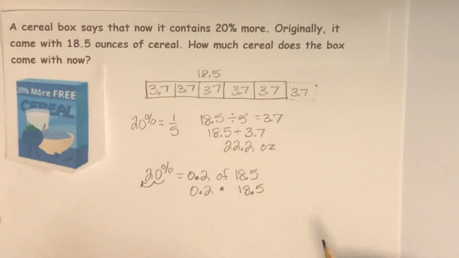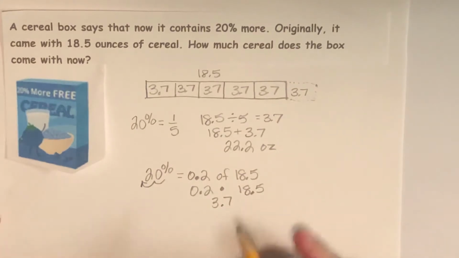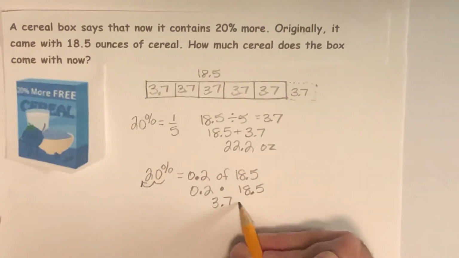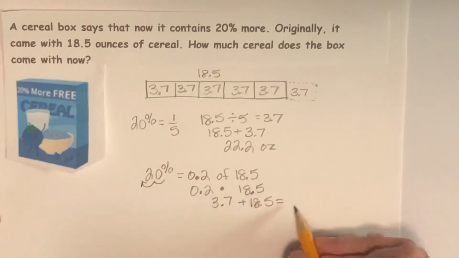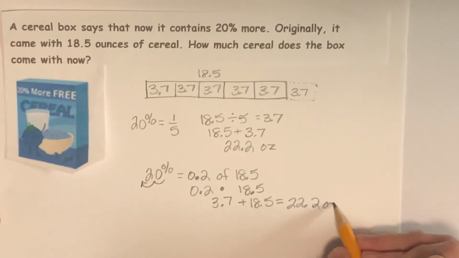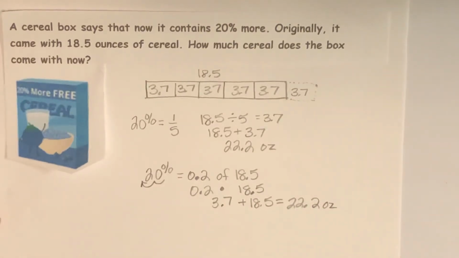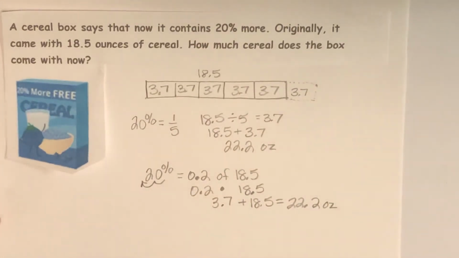And 2/10 times 18.5 is that 3.7 again. That's the change. And then if we add that to the original amount, 18.5, that's going to give us, once again, the 22.2 ounces.